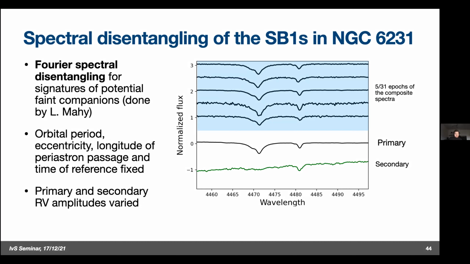Then we have 4 stars where we have ambiguous results that require further studies, but these still could be candidates for those harboring a compact object. And then we have another 4 stars where we cannot find any signature of a secondary companion in their spectra.